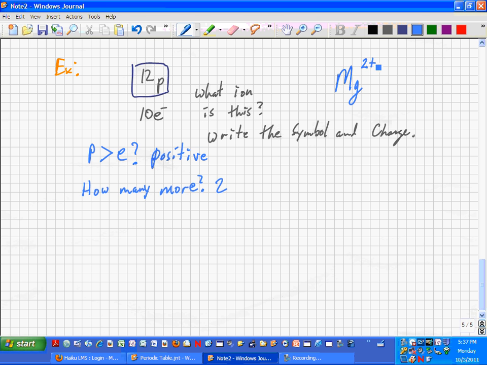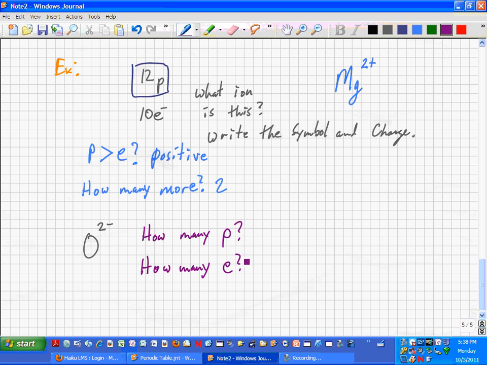Let's go the opposite way. Let's say we had something like oxygen with a negative 2 charge, and we want to know how many protons, how many electrons.